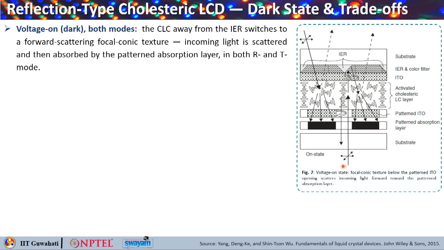Now in the transmission mode, what is happening? The backlight still first encounters the still planar CLC which is placed beneath this IER.